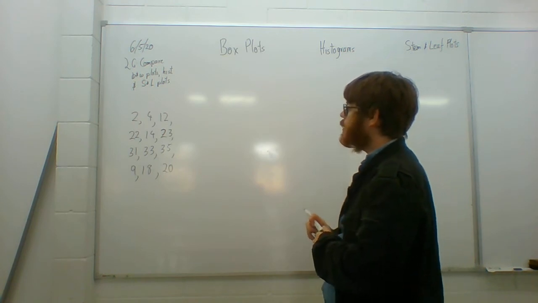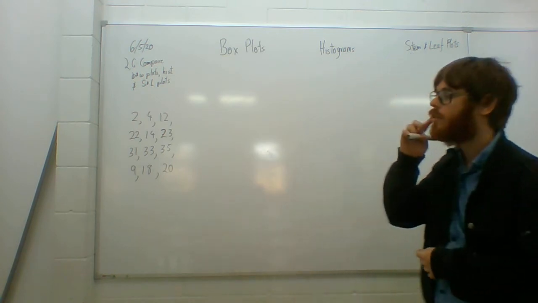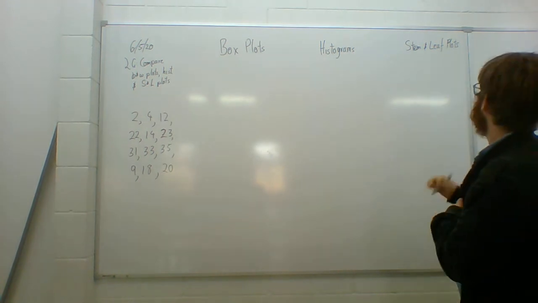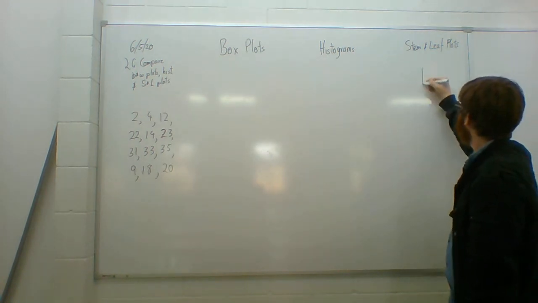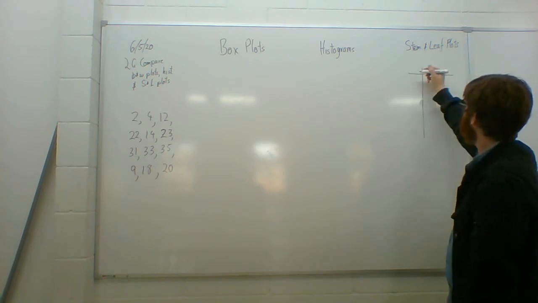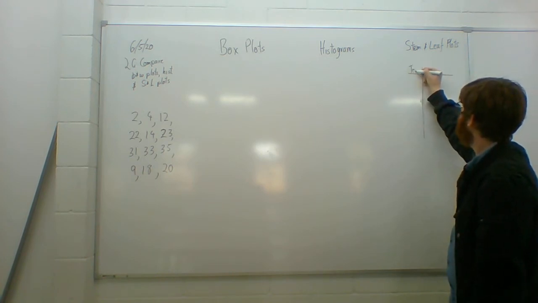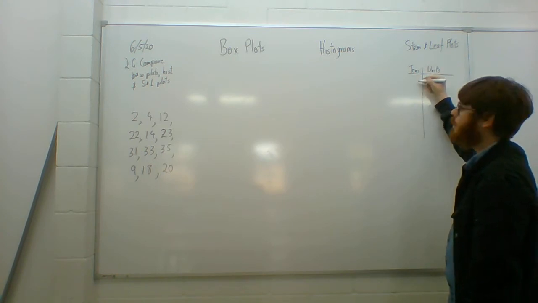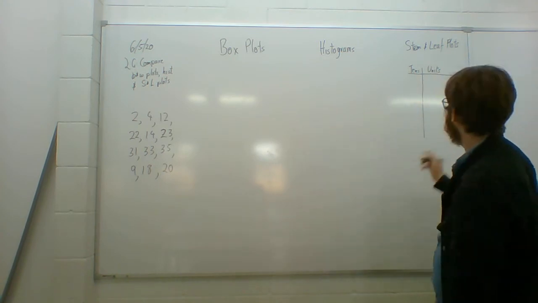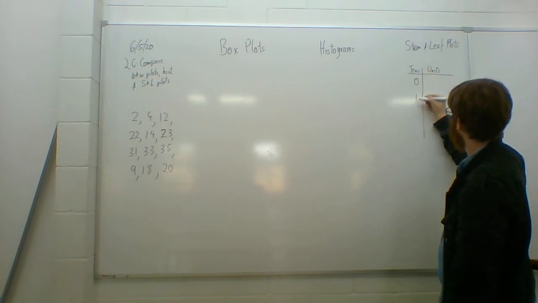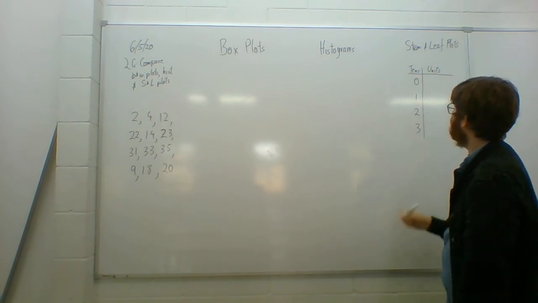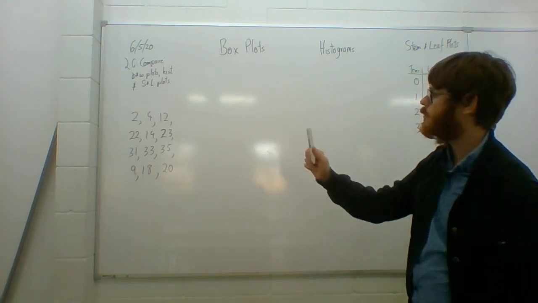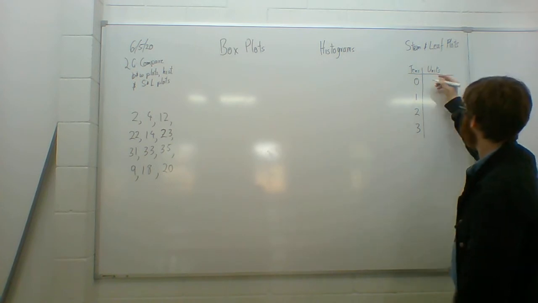First, we might start by making a stem and leaf plot. For a stem and leaf plot, we want the tens and the units. For this, we have 0, 1, 2, 3. We want all the ones that have 0 in the tens column, so we have 2, 4, and 9.